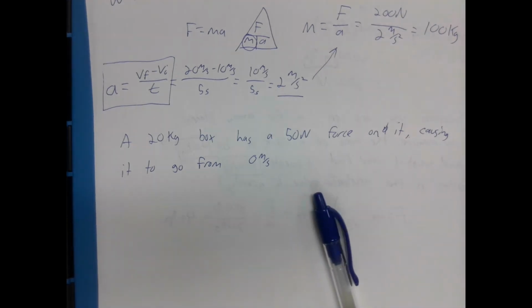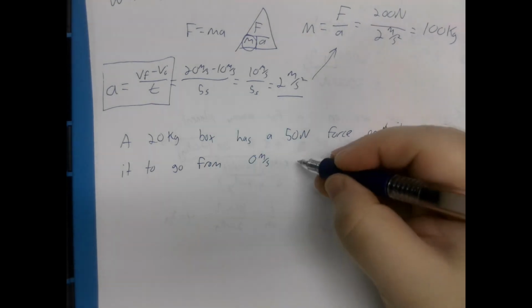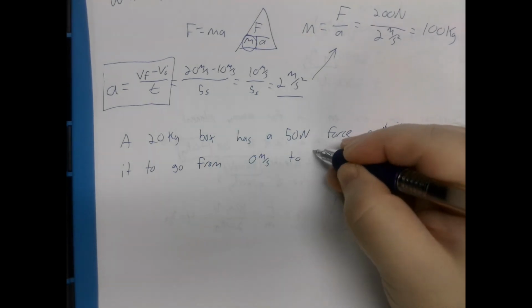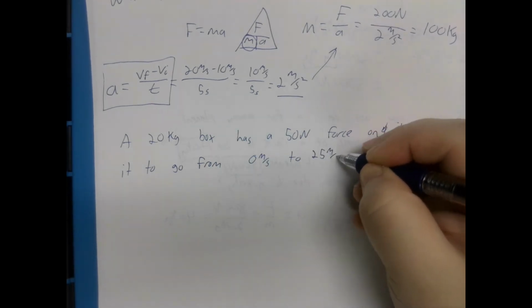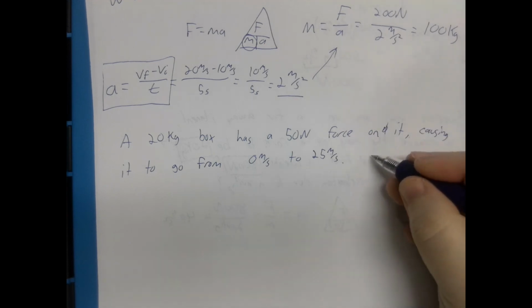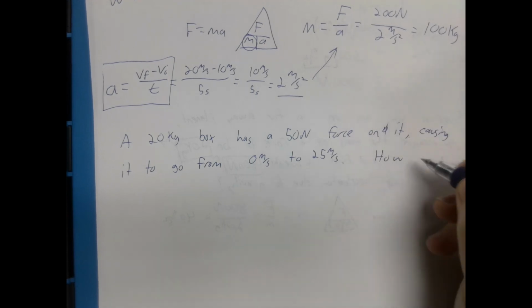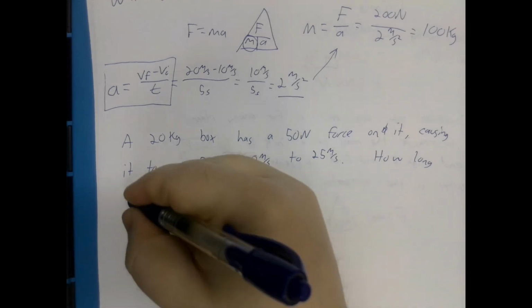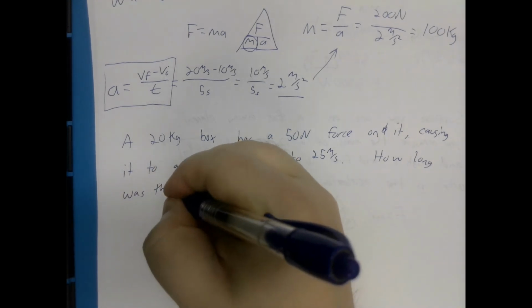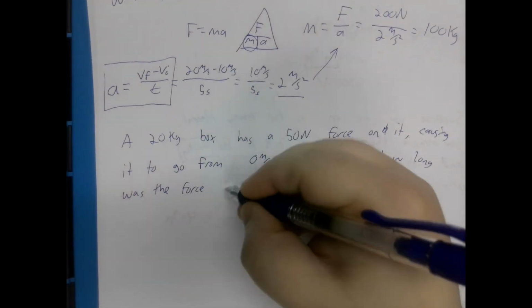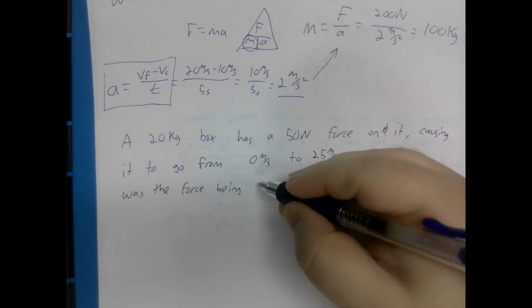Let me make sure these numbers make sense before I do it. To go from 0 meters per second to 25 meters per second. How long was the force being applied to the box?